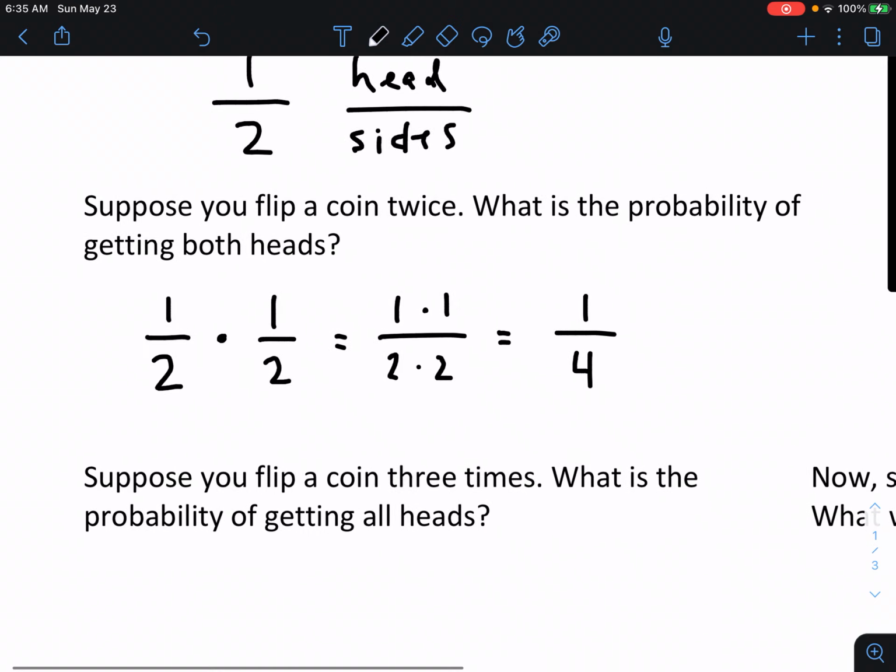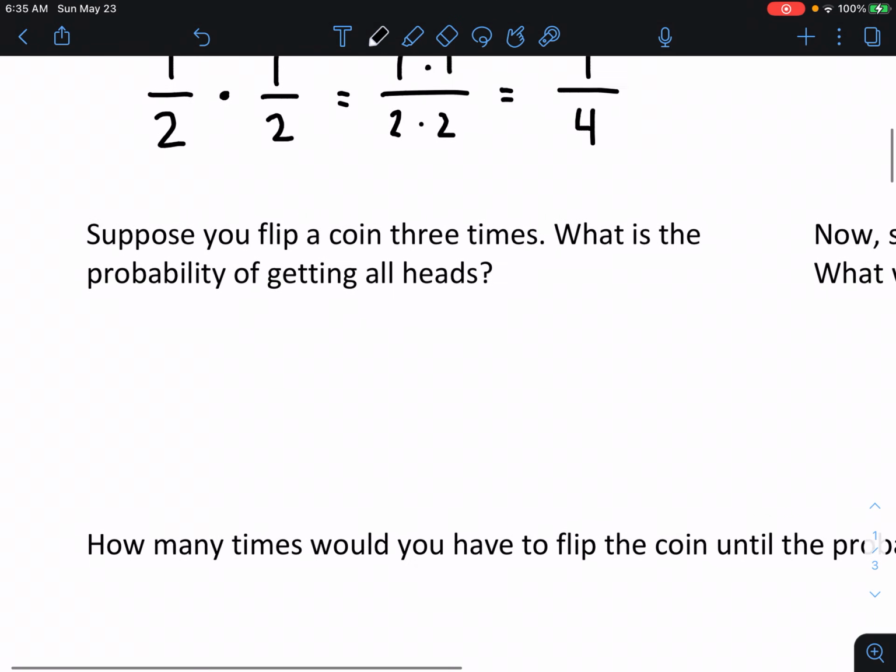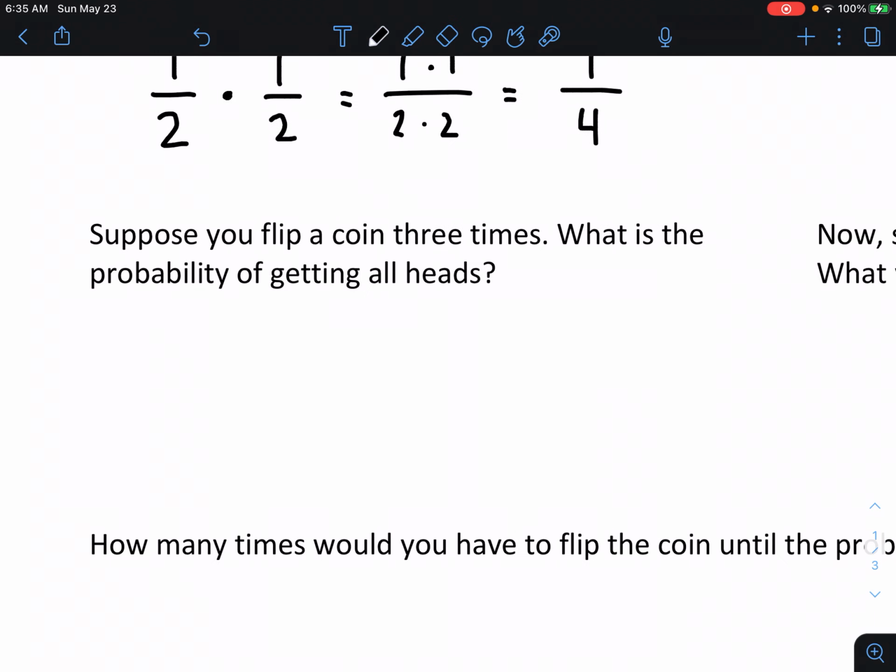It says suppose you flip a coin 3 times. Well, same thing's going to happen. The probability is 1/2 for the first flip, it's 1/2 for the second flip, and it's still 1/2 for the third flip because that coin doesn't change at all. So the probability of getting heads is going to be 1 times 1 times 1, or just 1, over 2 times 2 times 2.